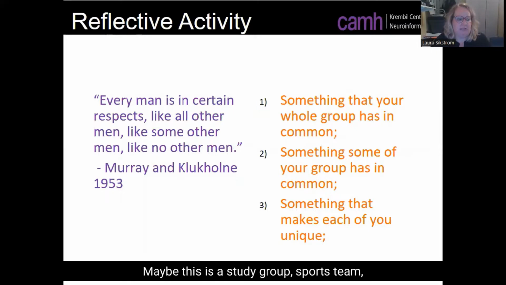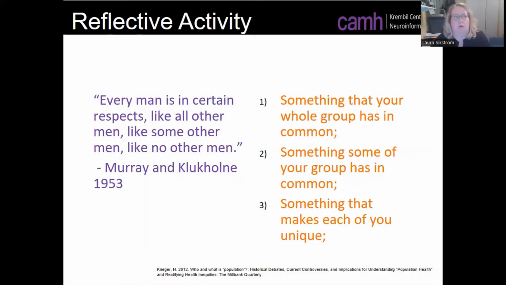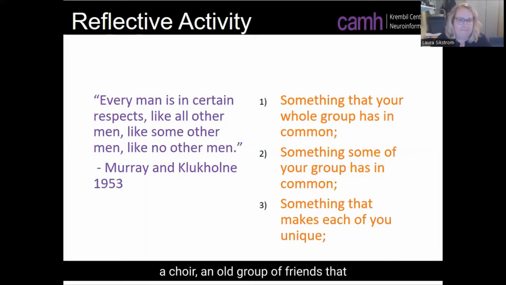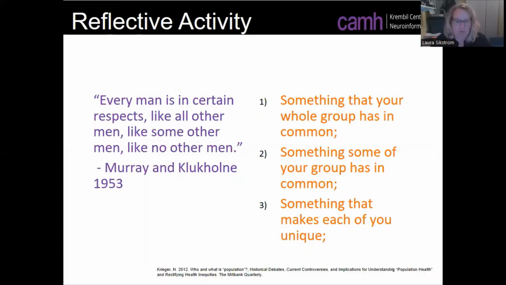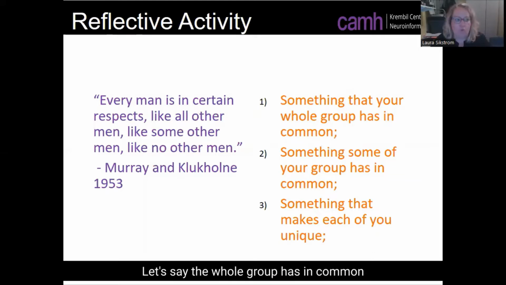Maybe this is a study group, a sports team, a choir, an old group of friends that you went to high school with. Think about something that that whole group has in common. Let's say we'll take a soccer team. Let's say that whole group has in common a love of soccer.